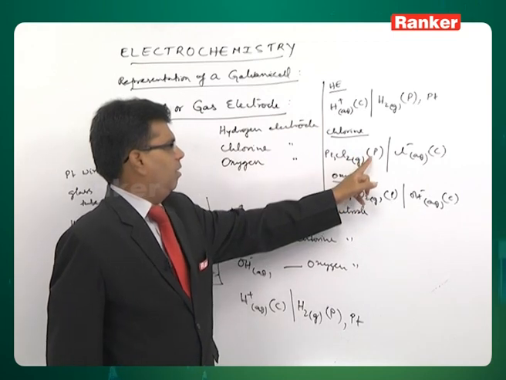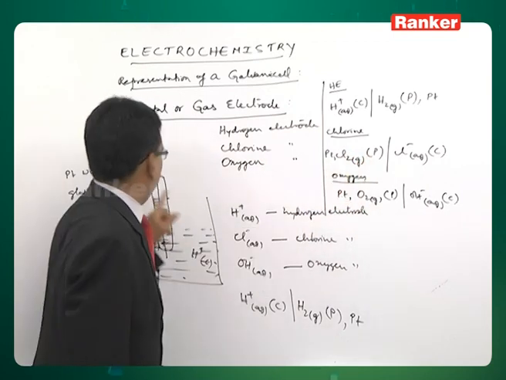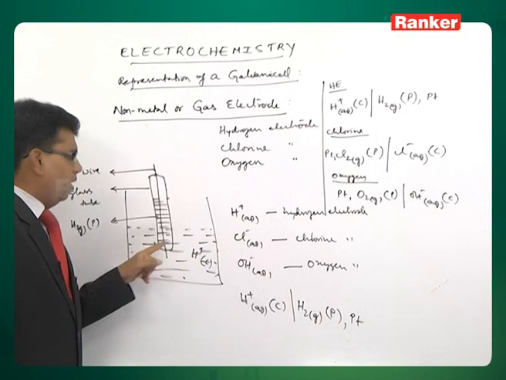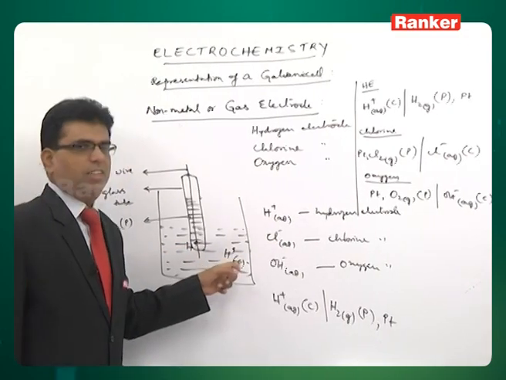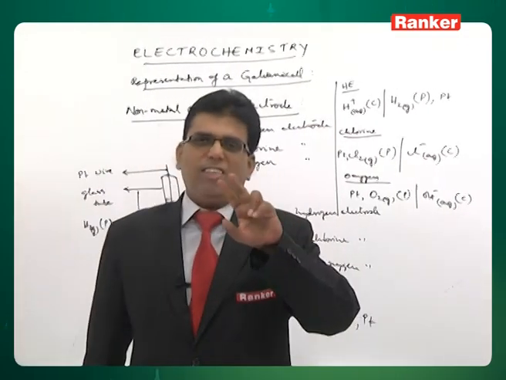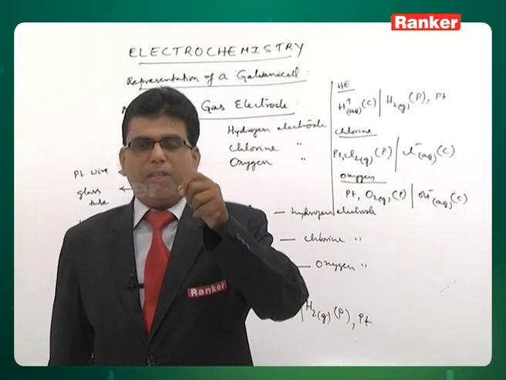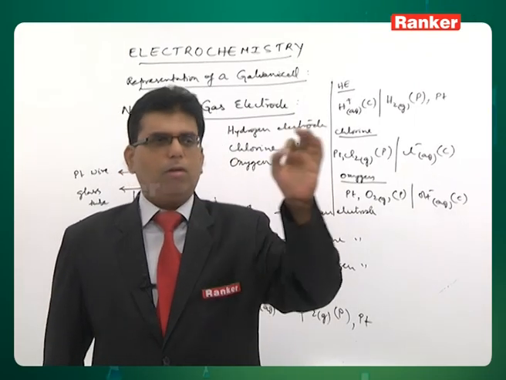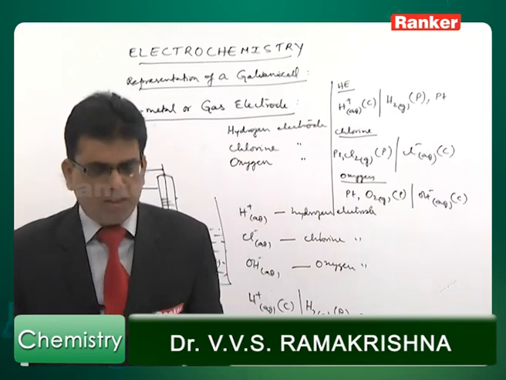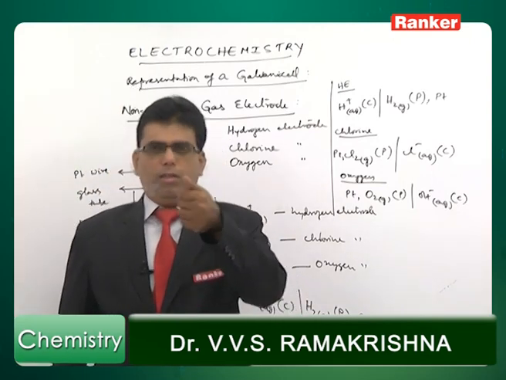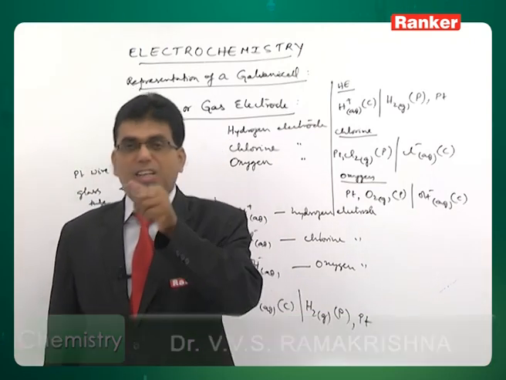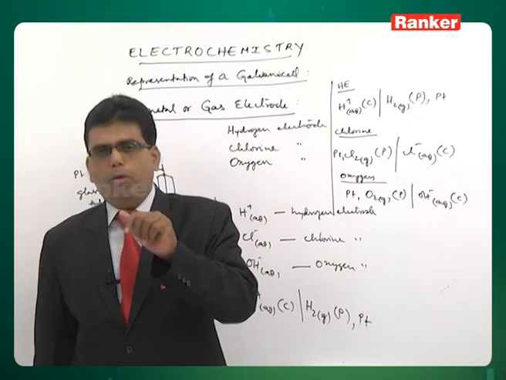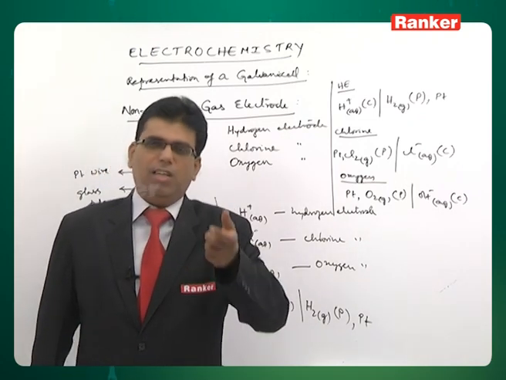Here, the pressure at which the gases are taken and the concentration at which the ions are taken play a very important role in the net EMF of the galvanic cell. In the mathematical part, under the Nernst equation, we discuss how the pressure and concentration change the EMF.